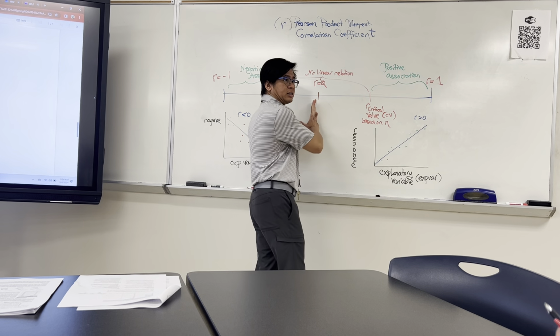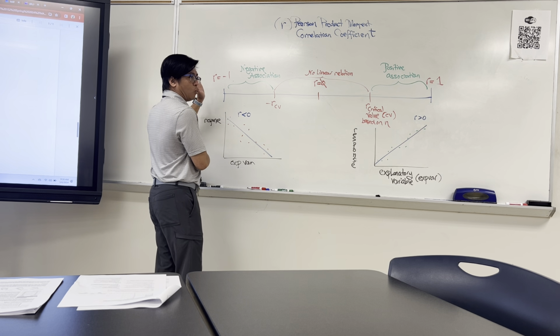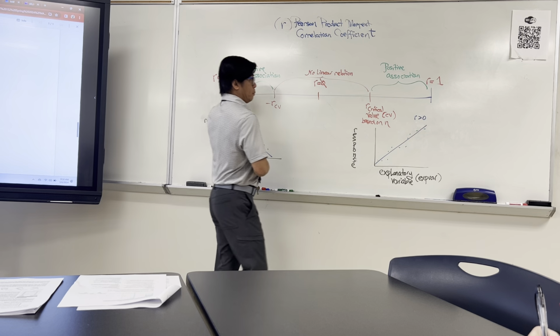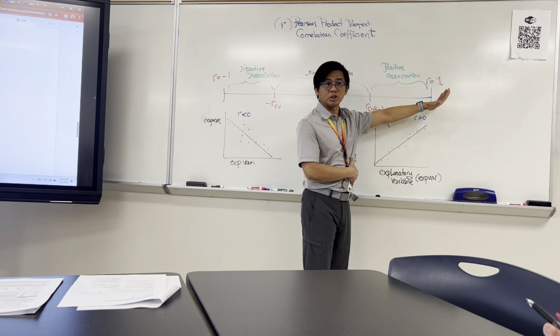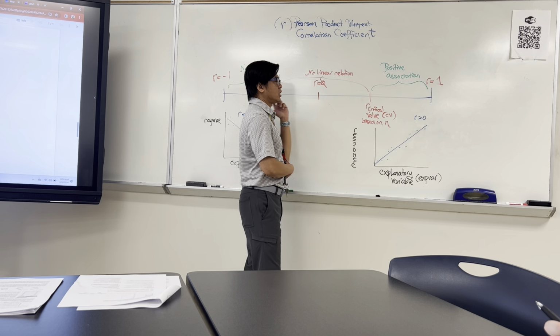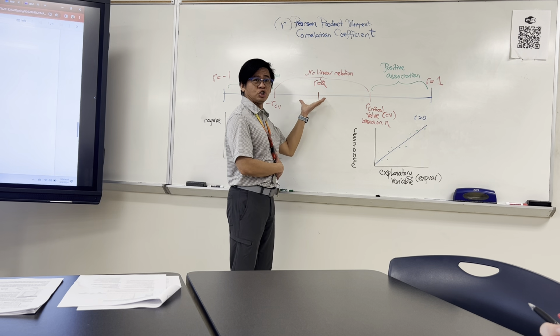So what is the boundary for R? Your R can only go from -1, a perfect negative correlation, to +1, a perfect positive correlation. Now, how do you know if there's an actual positive or negative correlation, or no linear relationship at all?